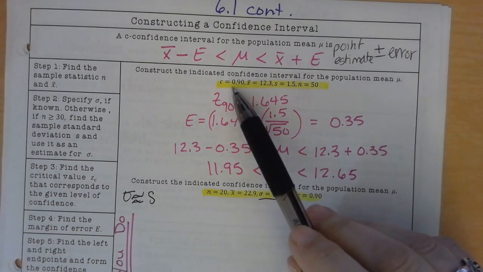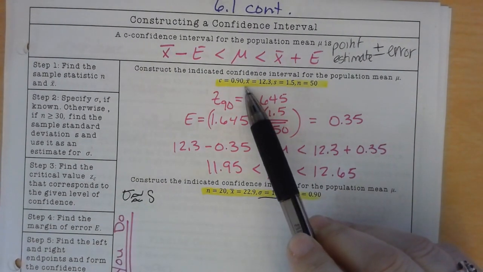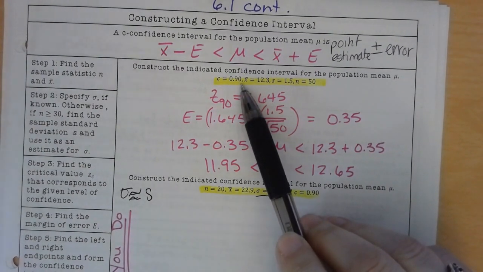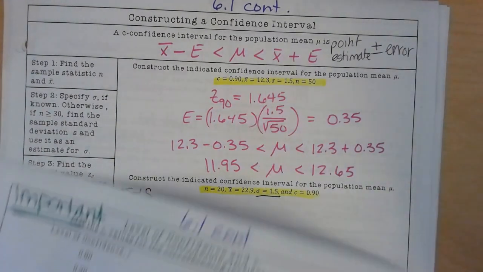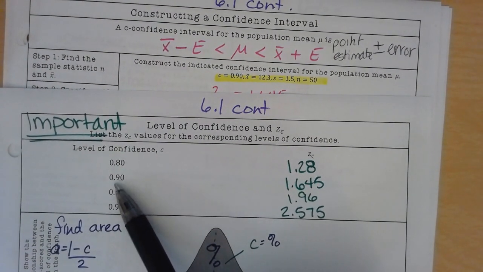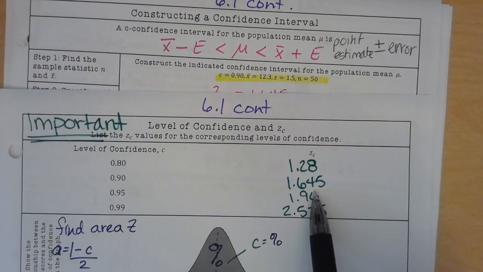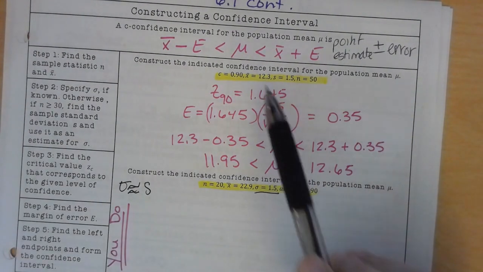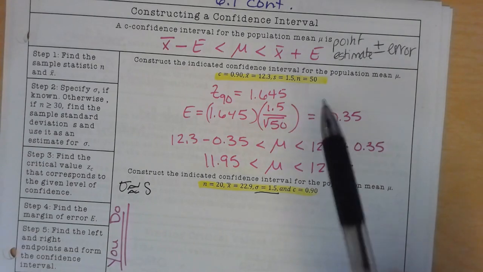So we have c is 0.9. That's how you would see it on a paper. c is 0.9 means a confidence interval of 90%. And using our handy dandy little chart, 0.9 is at 1.645. x bar is 12.3, s is 1.5, and n is 50.